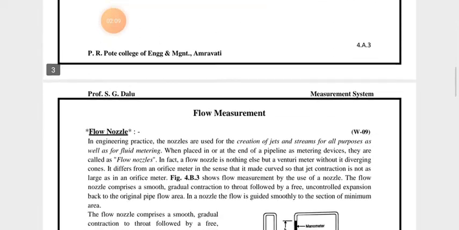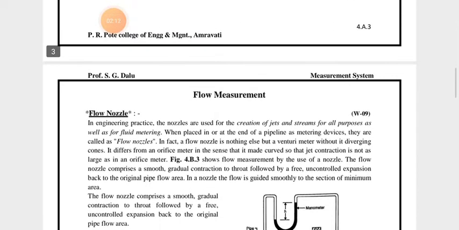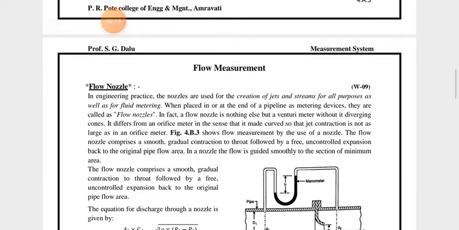Okay, then next, today we will study flow measurement by using nozzle.